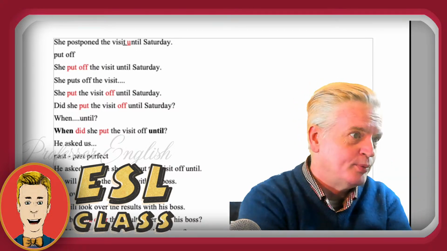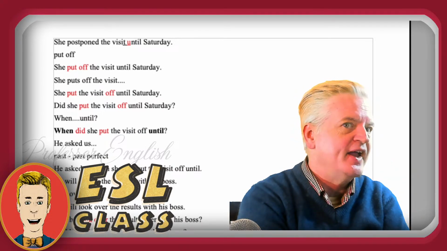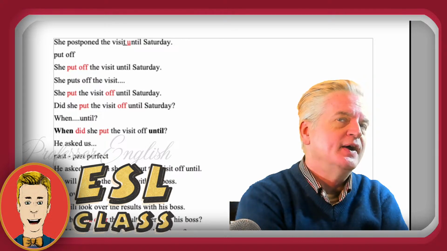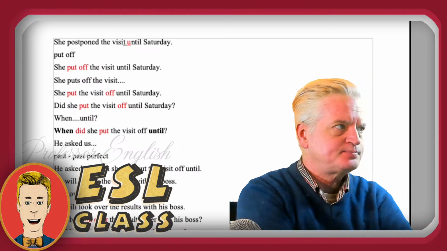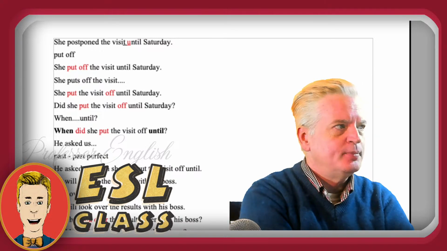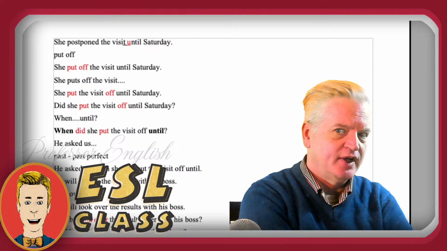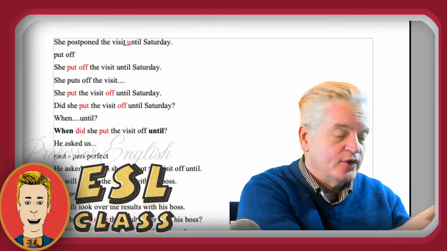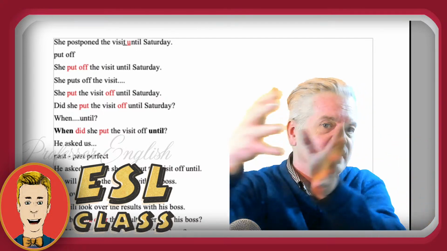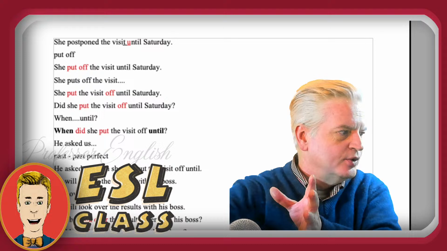But if you don't know postpone, it's like delay, or reschedule, or make for a later time. Postpone. So originally the visit was Friday or Thursday, and she's changing the visit to Saturday.